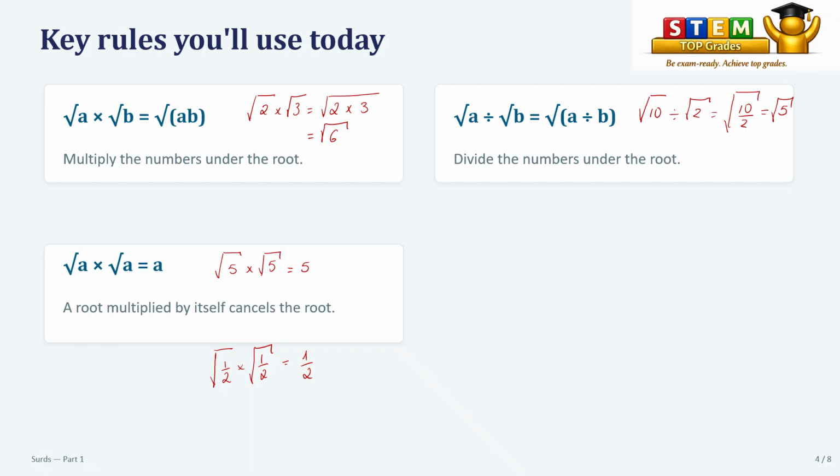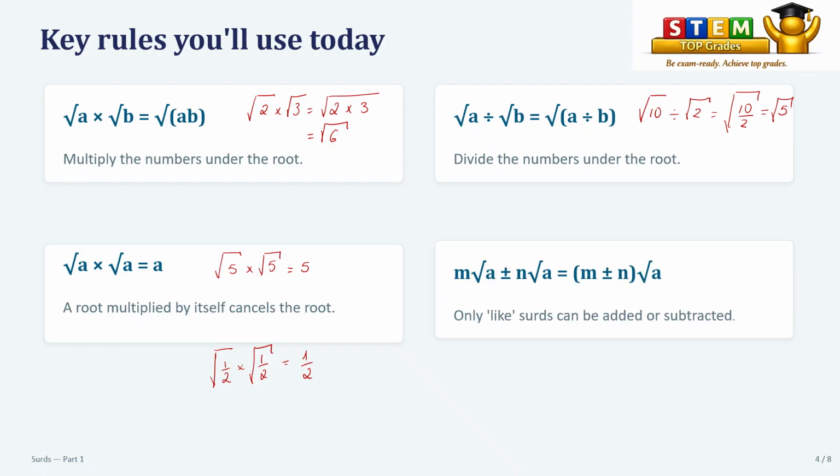And the last one, that rule is about addition and subtraction of surds. Now, the surds have got to be the same surd. If you're having 2 root 5 plus 3 root 5, it's just like collecting like terms.